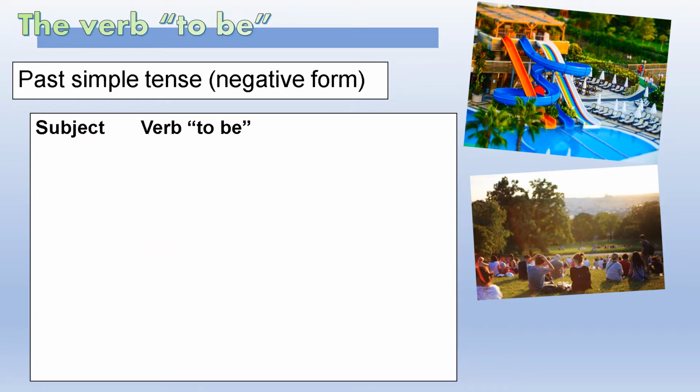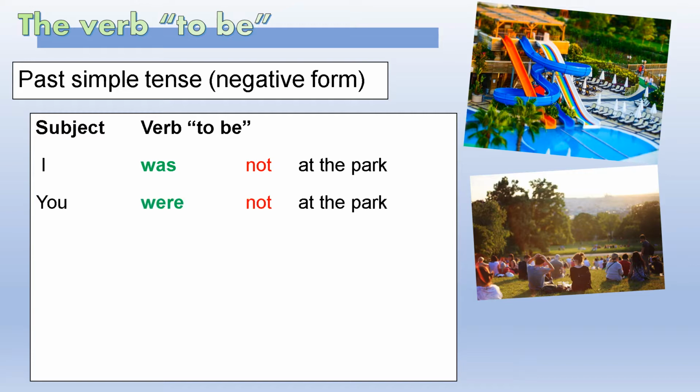Past simple tense negative form uses this word not after the verb to be. I was not at the park. You were not at the park. He was not at the park.